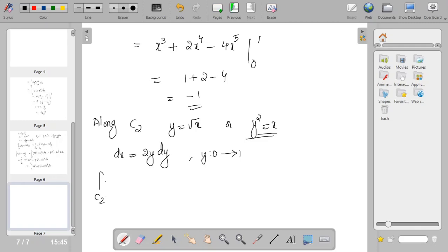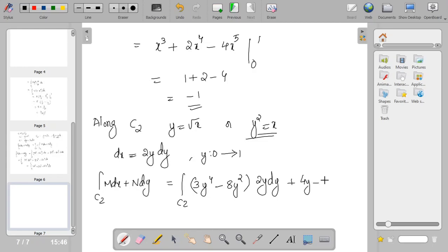So integral over C2 of M dx plus N dy will be equal to integral over C2 of, 3x square, so 3 times y raised to 4, minus 8y square, that term as it is. Then dx will become 2y dy, then the next term 4y as it is minus 6y, x will be equal to y square, so 4y minus 6y cube dy. So you can replace the limit from 0 to 1.